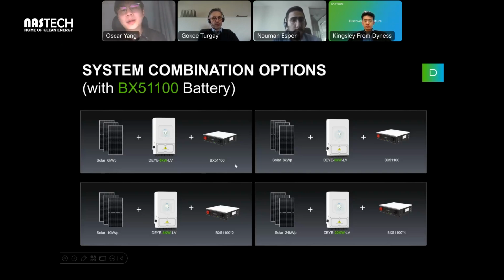And you can put one piece or two pieces, it depends on your options for a better power output. A single BX51100, the output power will be 0.5C, which is 2.5 kilowatts. And these two kinds of solution are a very handy choice for a small house and maybe a small villa.